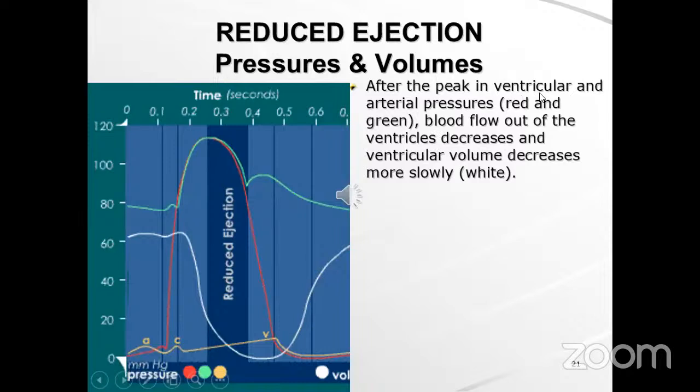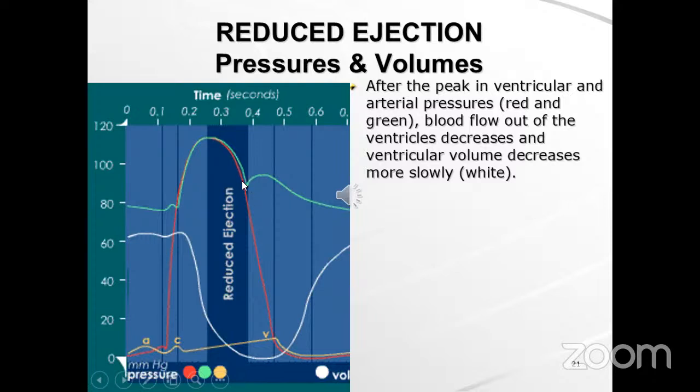After the peak in the ventricular and arterial pressures, see here the red and green lines, the blood flow out of the ventricle decreases and ventricular volume decreases very slowly. You can see the ventricular volume coming down. There is not much blood present in the ventricles, and the pressure also falls during the rapid ejection phase, and it falls below the atrial, aortic and pulmonary arterial pressure.